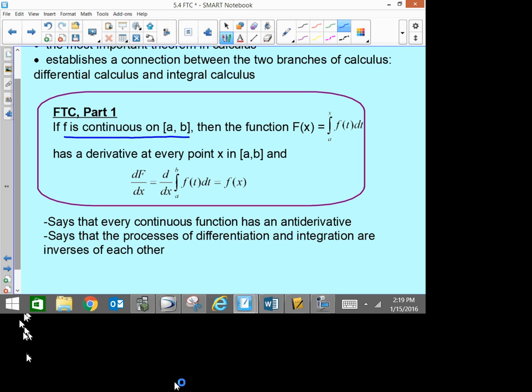Okay, then the function big F of x is the antiderivative, and if it has a derivative at every point in there, okay, that sounds like f is differentiable on the open interval, which again is another common theme for our theorems. And the derivative of big F is the derivative of the integral. That's what this says. Okay, we're taking the derivative of both sides.